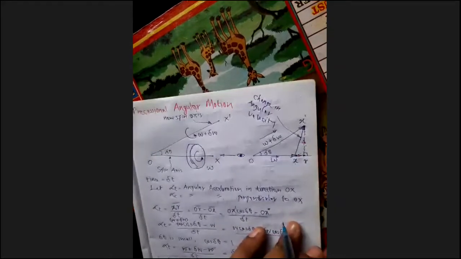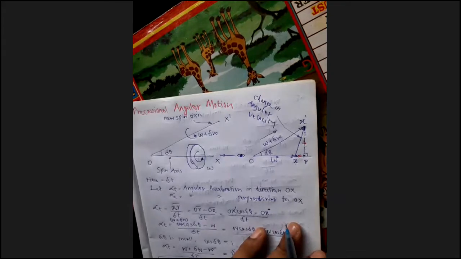Now linear acceleration is produced by force, and angular acceleration is produced by torque or couple. A force produces linear acceleration and a torque or couple produces angular acceleration.